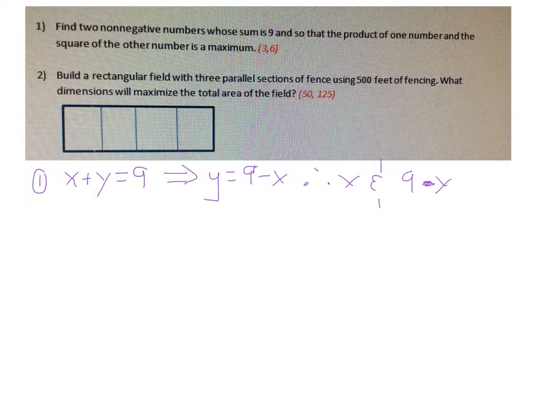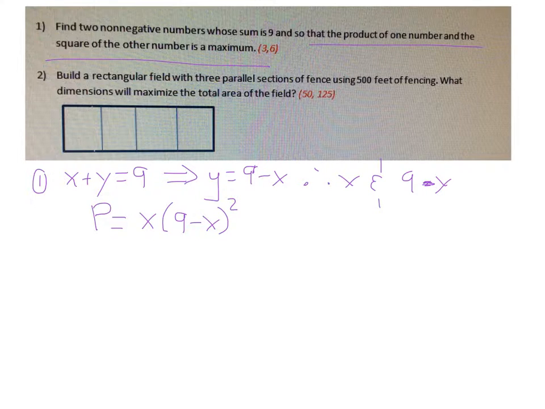Now when we read the second line of the question, it says that the product of one number and the square of the other number is a maximum. So the product, P, of the first number and the square of the other number needs to be a maximum.